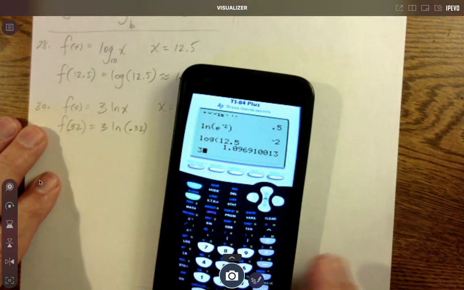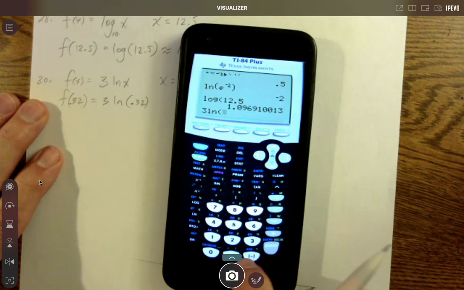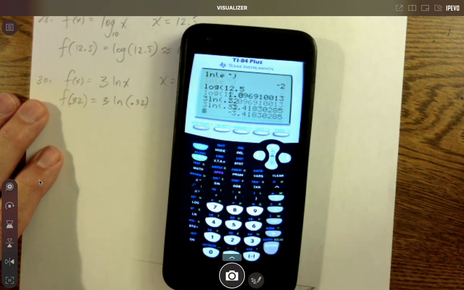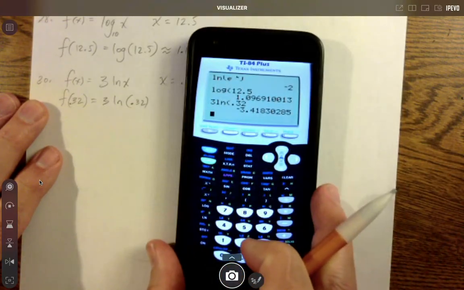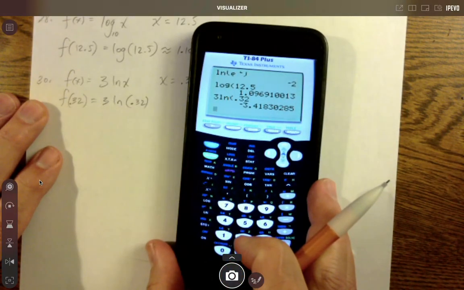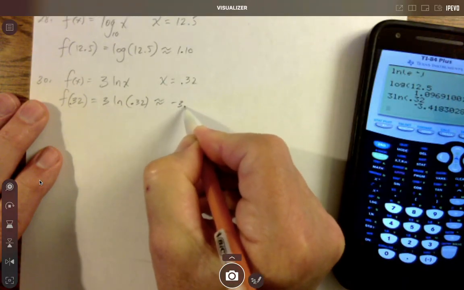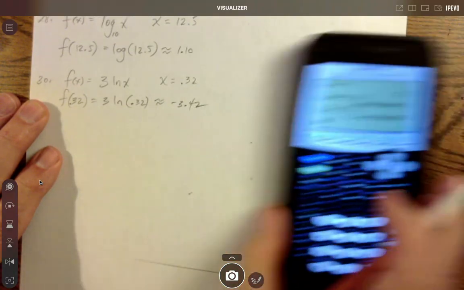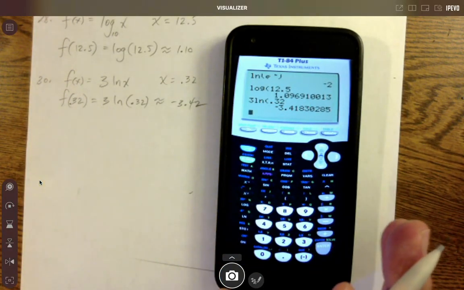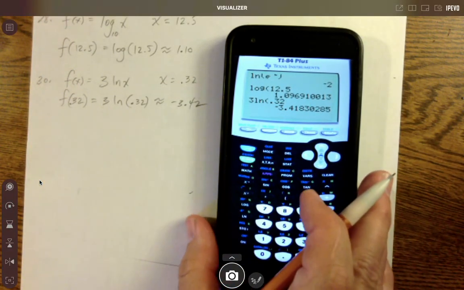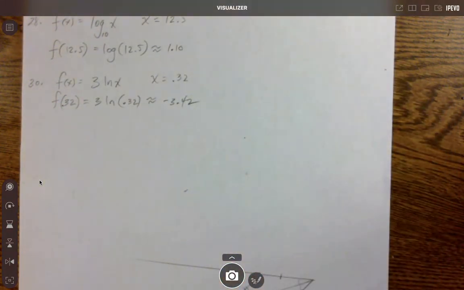So 3 times the natural log of 0.32 is approximately negative 3.42. All right. Easy peasy. So that's how you work that next problem set. All right.